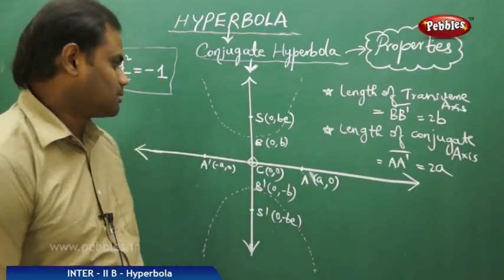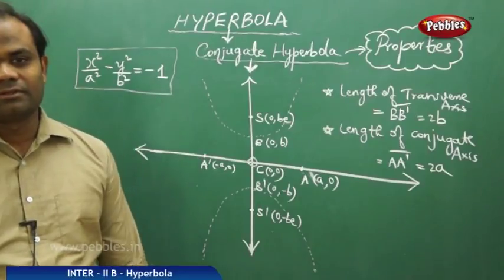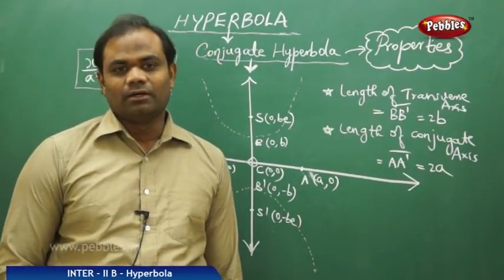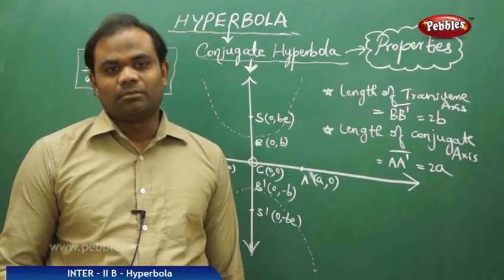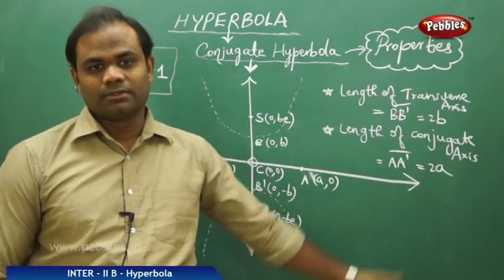Even the directrices can be defined by taking a line and then defining the equation with respective properties. Conjugate hyperbola is connected with hyperbola with the equation this and the following properties.